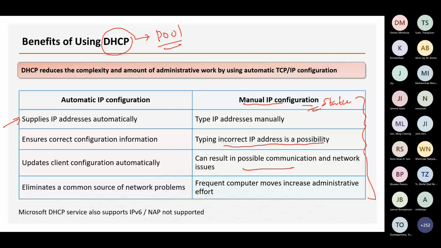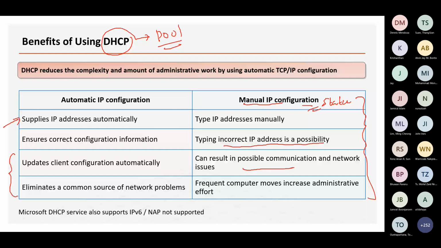So when you configure DHCP, a couple of common concerns are addressed. When you go for manual IP addresses, we had issues of frequent movement or giving an IP address automatically. These were the few concerns we had. All those issues got resolved with the DHCP service.